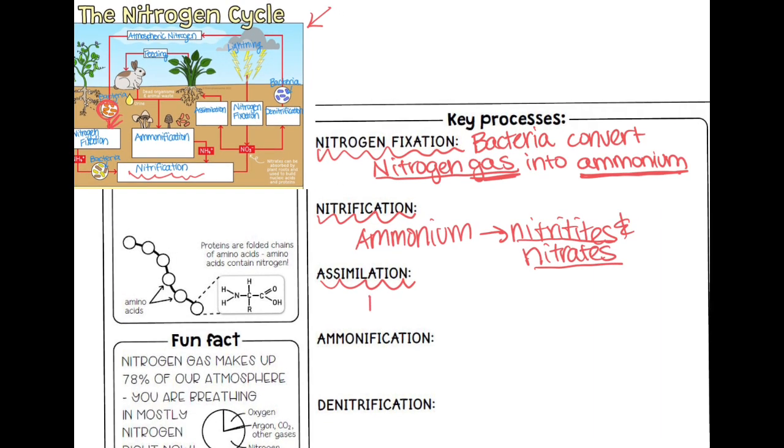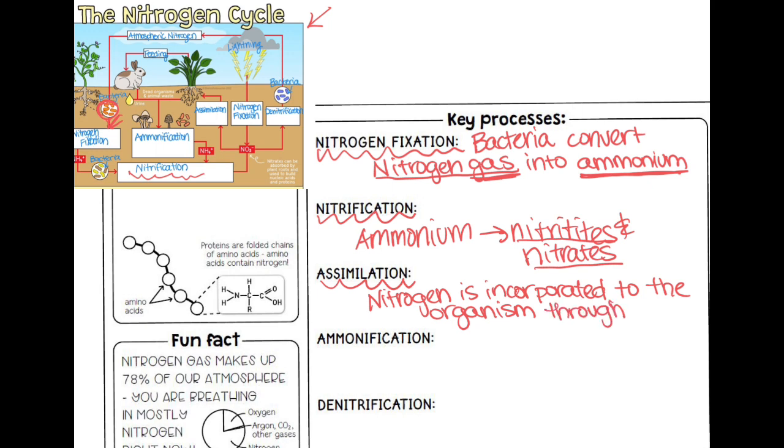All right, nitrogen is incorporated or taken in to the organism through the soil. And that's right here. See these roots? They're assimilating all of the nitrogen and bringing it up into the plant.